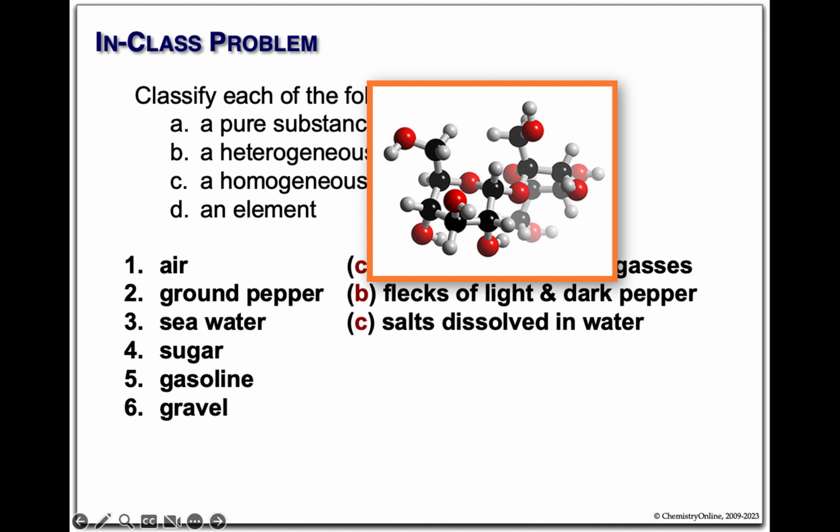There are two rings here that are joined together. Every molecule of table sugar, sucrose it's called, looks exactly like this. This is a chemical compound. It meets the criteria for being a pure substance.